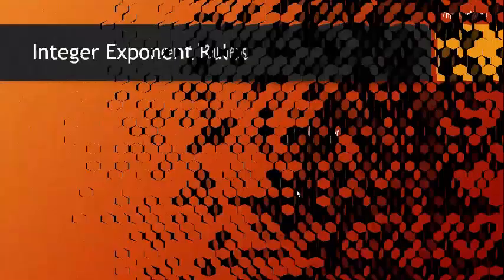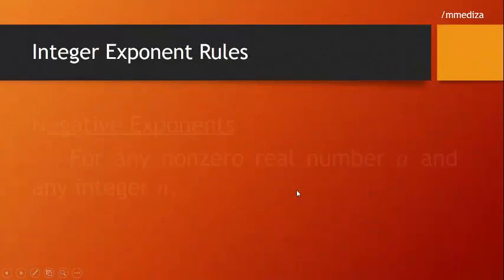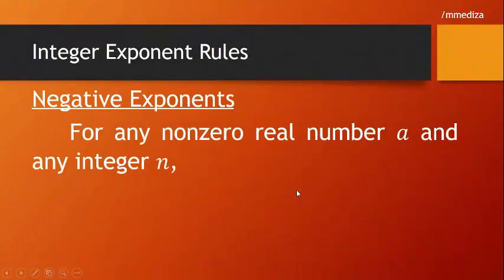Lastly, the negative exponents. For any non-zero real number a and any integer n, a raised to negative n is equal to 1 over a raised to n. Notice that we can make the negative exponent positive by changing its position from numerator to denominator, or denominator to numerator.